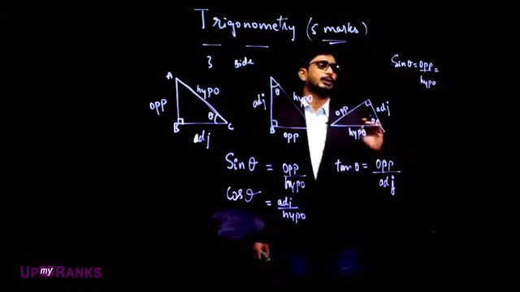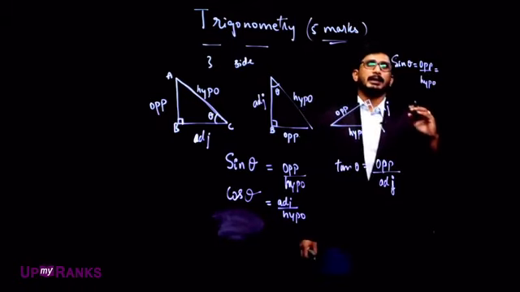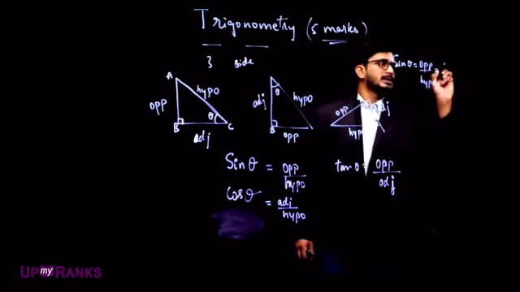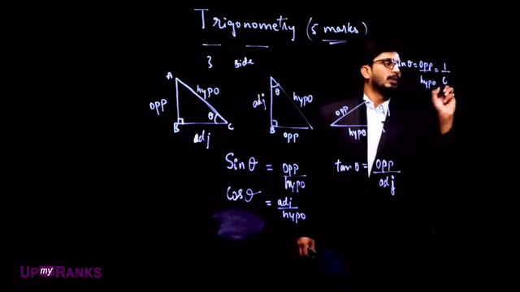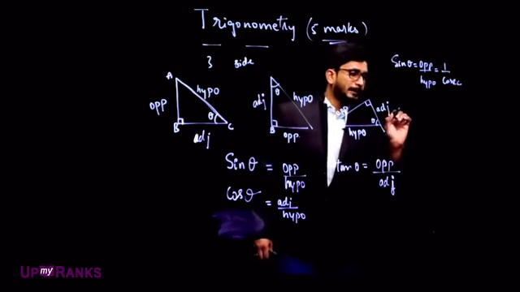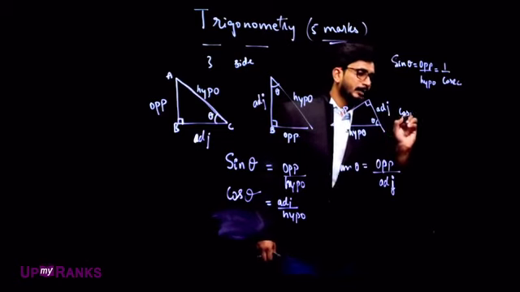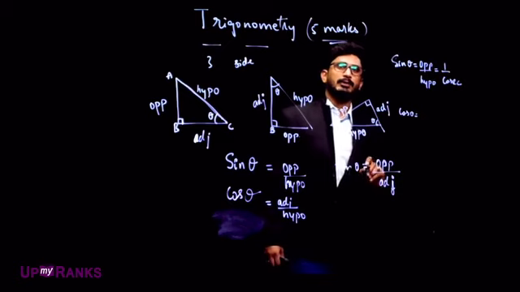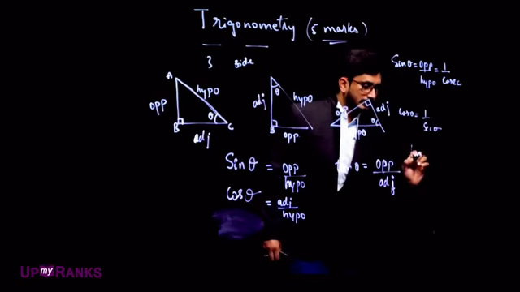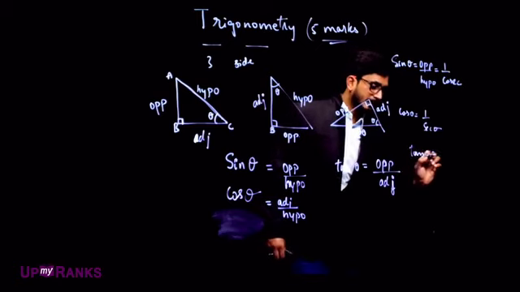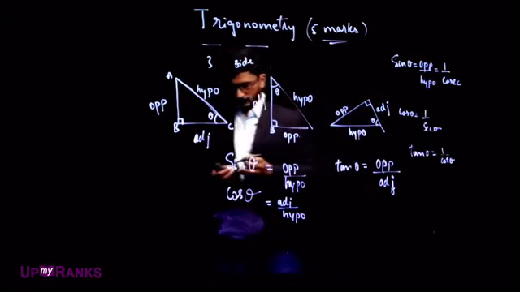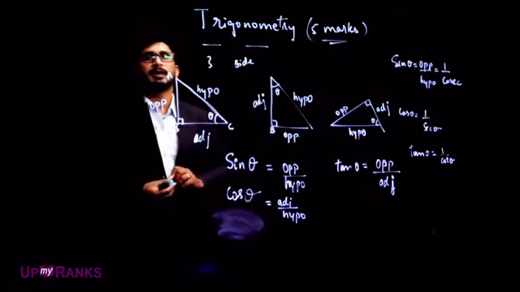Now for the reciprocals, we have sine, cos, tan, cosecant, which means sin theta is equal to 1 over cosecant theta. You have to remember this part. And cos theta is equal to 1 over secant theta. Tan theta is equal to 1 over cot theta.